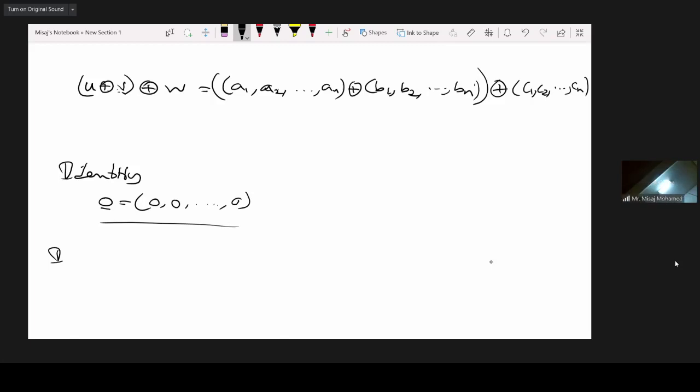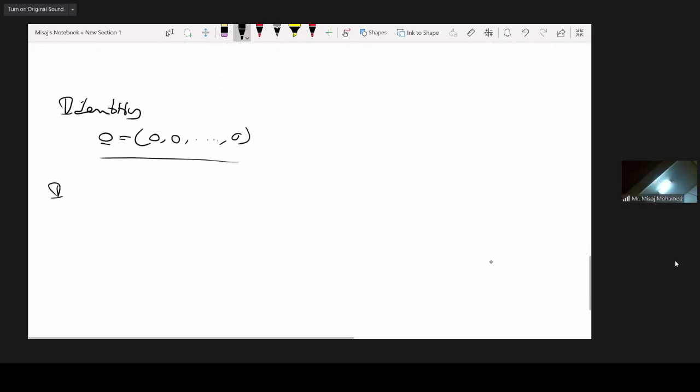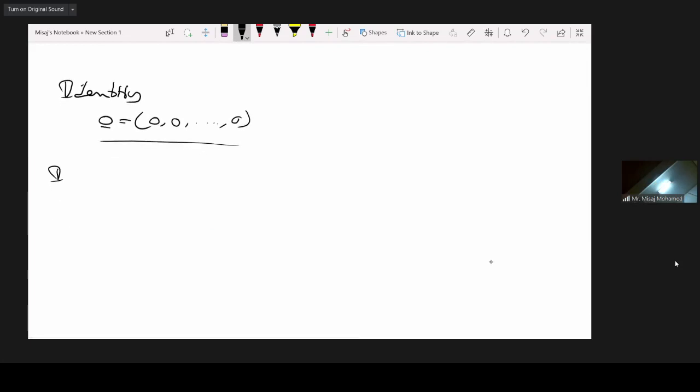That will be the inverse. So A1, A2 up to AN plus minus A1, minus A2 up to minus AN.